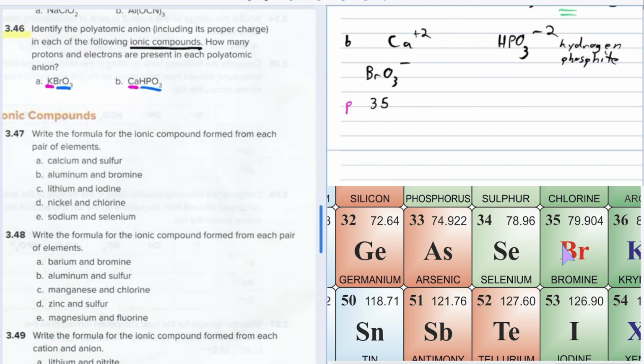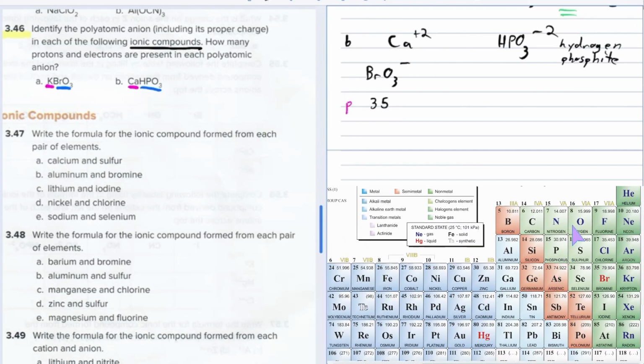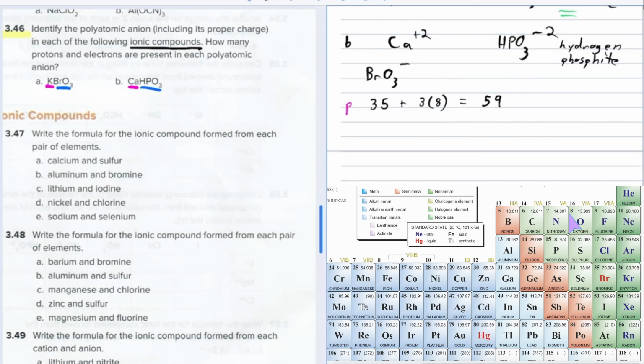What about the 3 oxygens? Oxygen is element number 8. Each oxygen has 8 protons, but you've got 3 of them. So plus 3 times 8. If you calculate that, 35 plus 24 is 59. So that's how many protons are present in this guy right here.